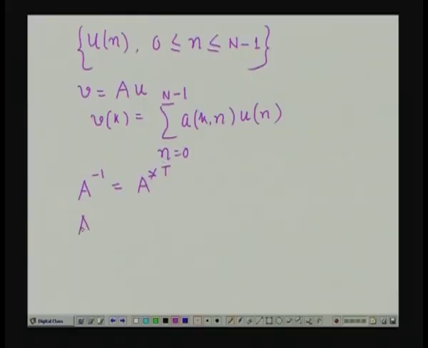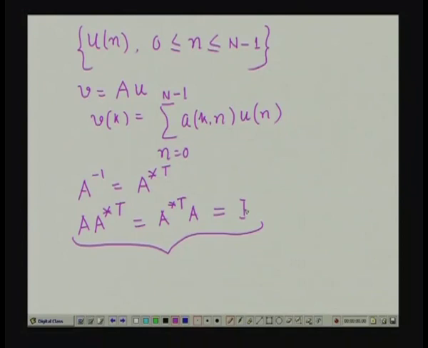So, this says that A into A conjugate transpose should be same as A conjugate transpose A, which will be same as an identity matrix. So, if this relation is true for the matrix A, then we say that A is a unitary matrix and the transformation which is given by this unitary matrix is a unitary transformation. So, using this matrix A, we go for unitary transformation.